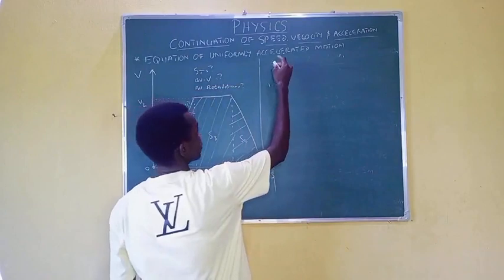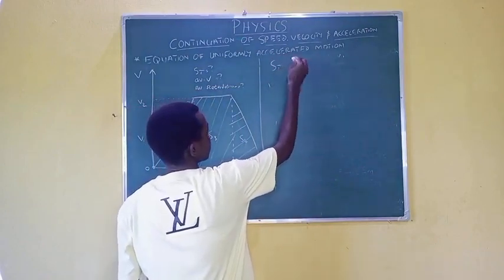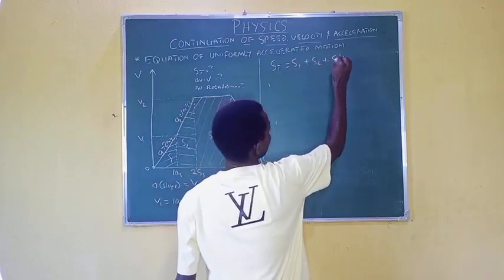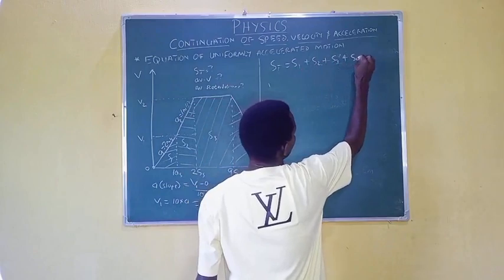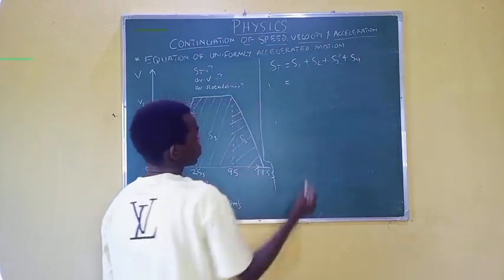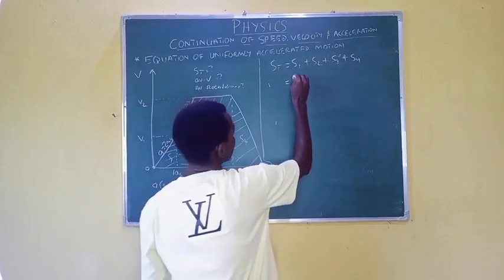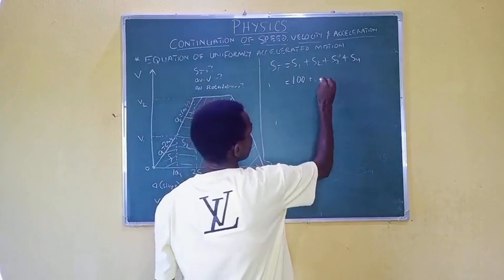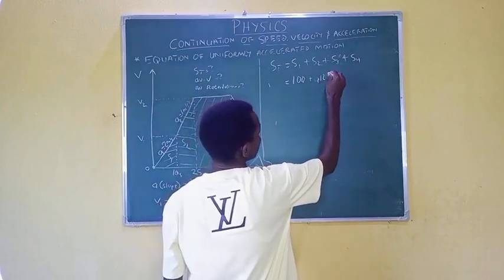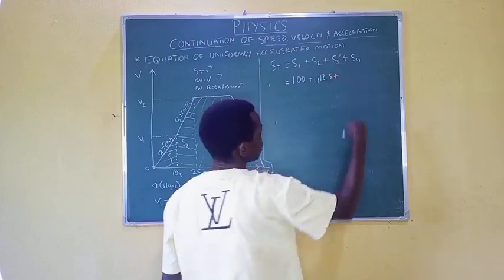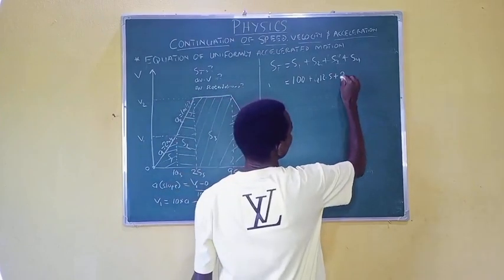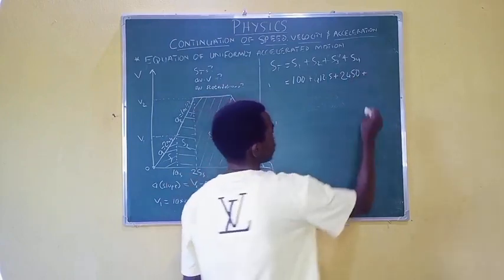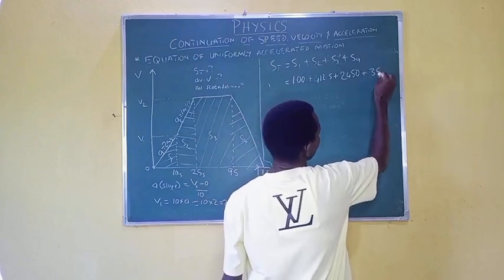Total distance traveled is S1 plus S2 plus S3 plus S4, which is equal to S1 is 100, plus S2 is 412.5, plus S3, which is 2450, plus S4, which is 350.